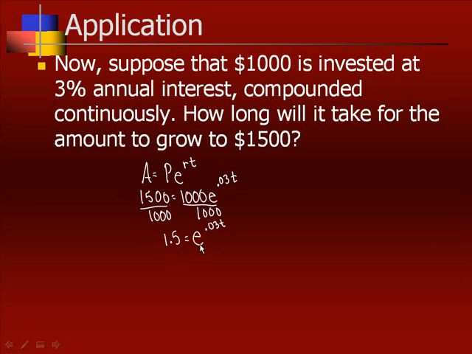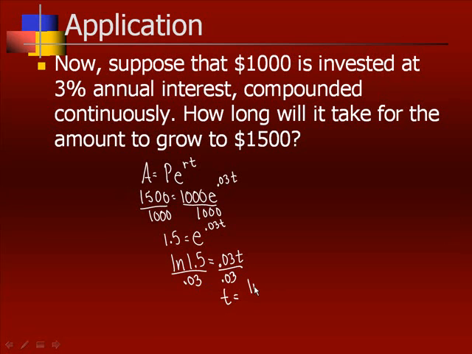Well, this is a log form because the base is e. So what that says is the natural log of 1.5 is equal to the power of 0.03t. So we're going to divide both sides by 0.03.